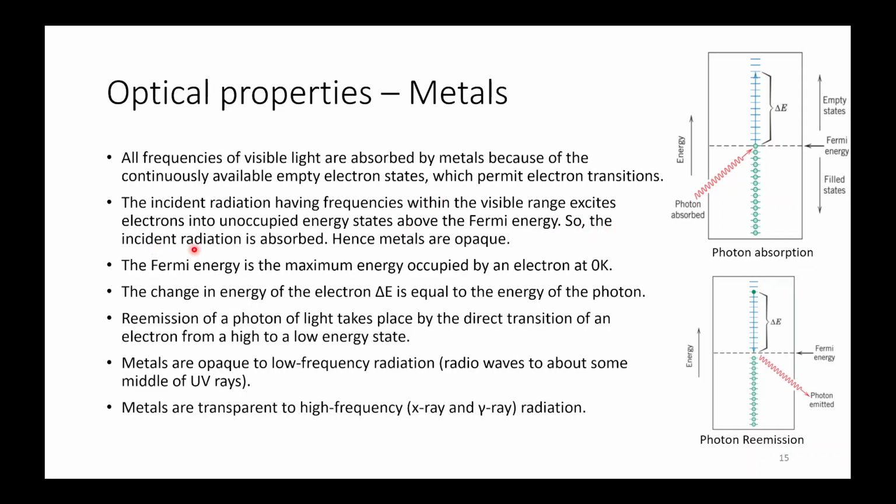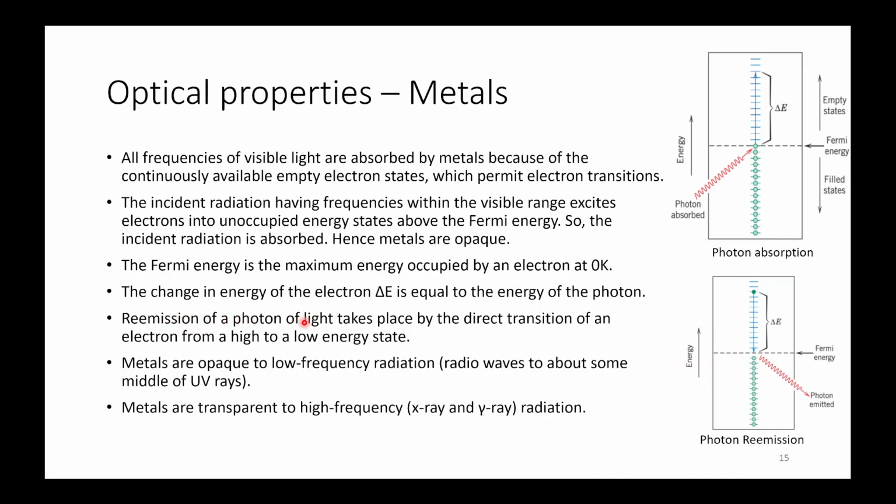So the incident radiation is absorbed, hence metals are opaque. The Fermi energy is the maximum energy occupied by an electron at 0 Kelvin. The change in energy of the electron, delta E, is equal to the energy of the photon.